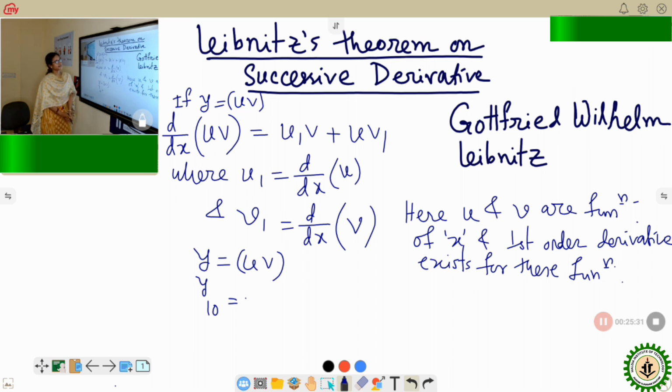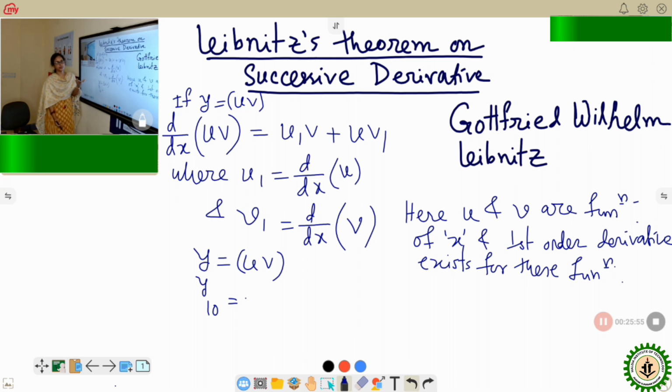Besides this, you can widely use Leibniz theorem in finance and economics, and you can also model physical phenomena like velocity, acceleration, force, etc.